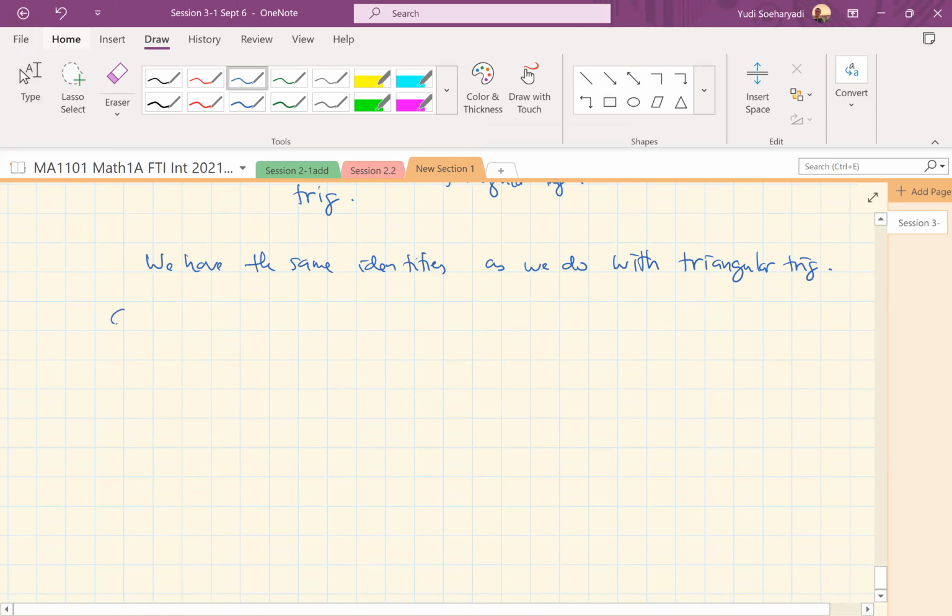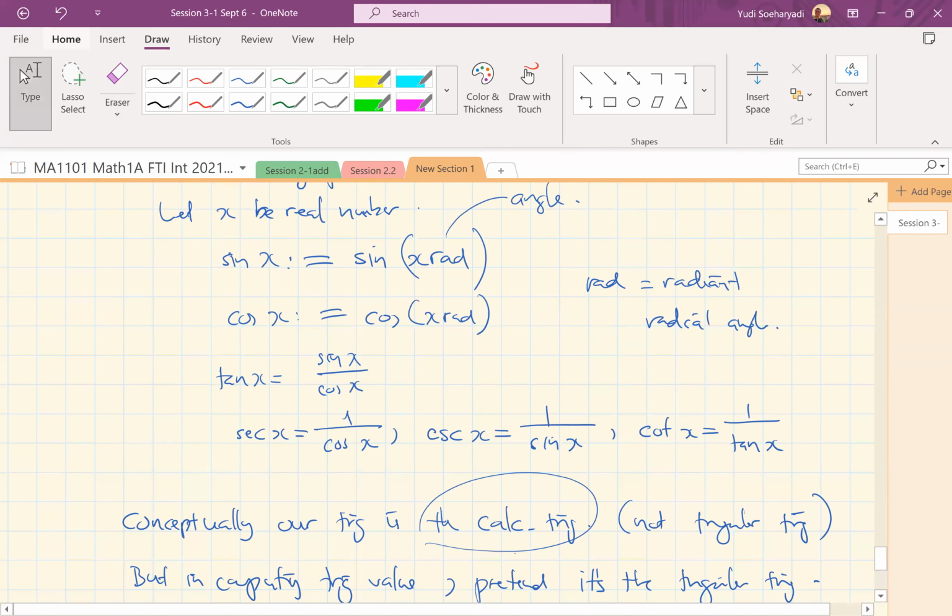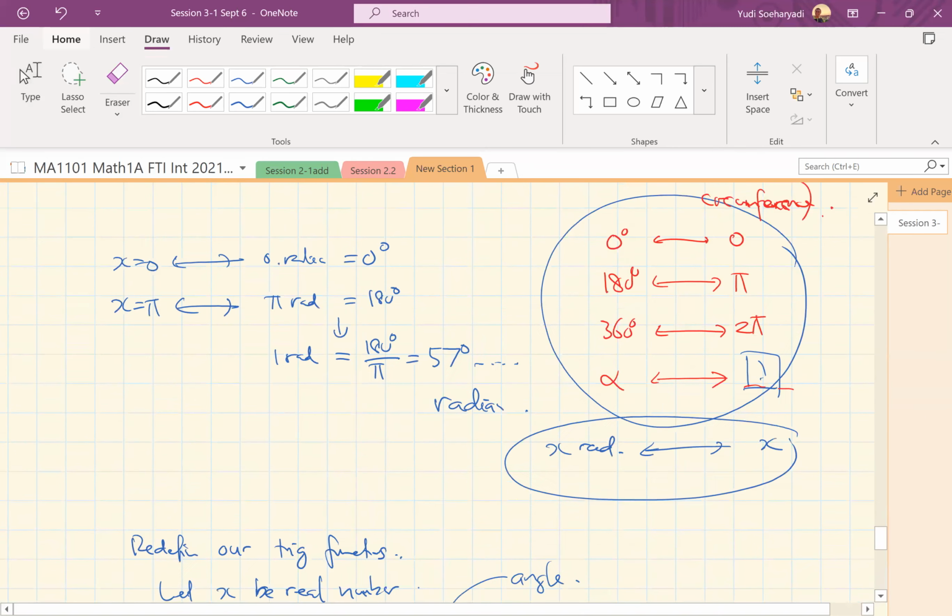Let's see. Now, what about the graph? Now, as numbers, 0 is not the same as pi. Right? It's not the same as 4 pi. So you won't have these situations anymore. Which situations? That cylinder thing.